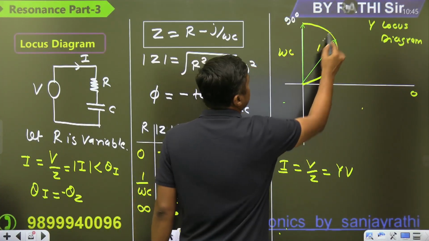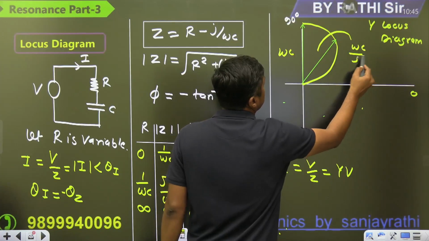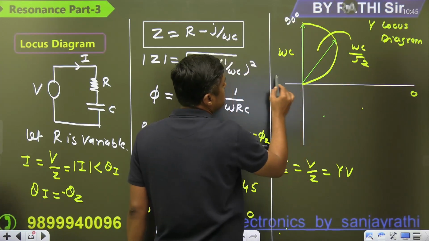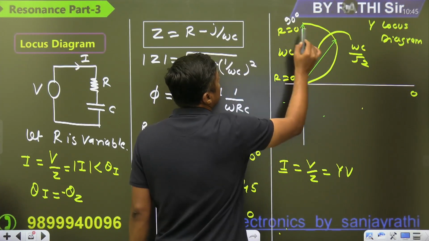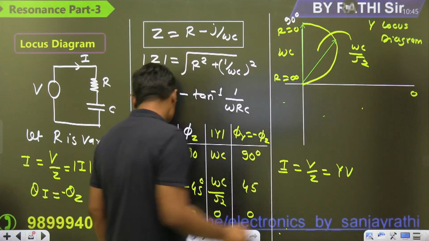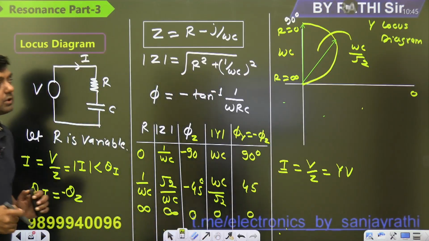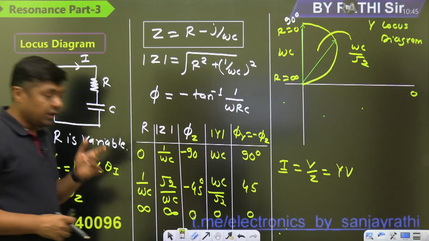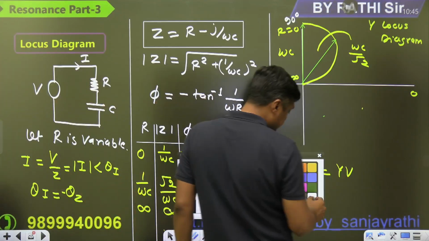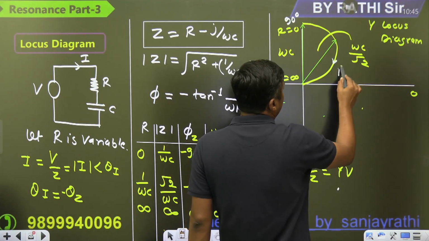What is the length of this phasor? Omega c by root 2. And what is the value at 0? This is R equal to infinity. We have started from R equal to 0. And at this point you have the value R equal to what? 1 by omega c. That is the case, guys. And always remember there will be an arrow like this, meaning R increases.